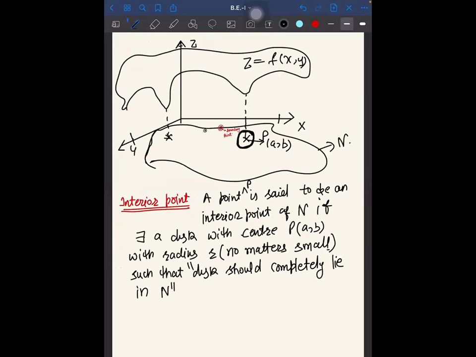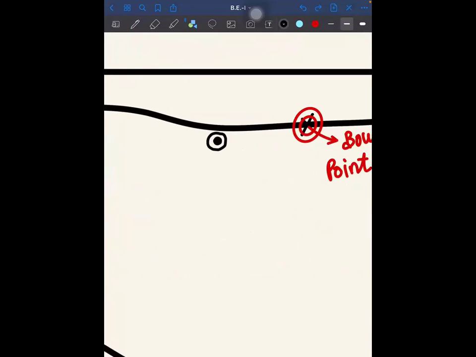So the most important words in this definition are: the disk should completely lie in N, and secondly, no matter how small that disk is. I'm not saying that every disk should lie in it; every disk is not possible. देखो, सोचो अगर मैं इस पॉइंट के अराउंड इतनी बड़ी डिस्क बना दूं, तो ये सारी डिस्क थोड़ी N में चली जाएगी, जाएगी नहीं ना? समझ आ रही है मेरी बात? एक डिस्क मिल जानी चाहिए बस, वो चाहे कितनी भी छोटी क्यों ना हो जाए, जैसे यहाँ एक मिल गई, so you get one disk, your job is done.